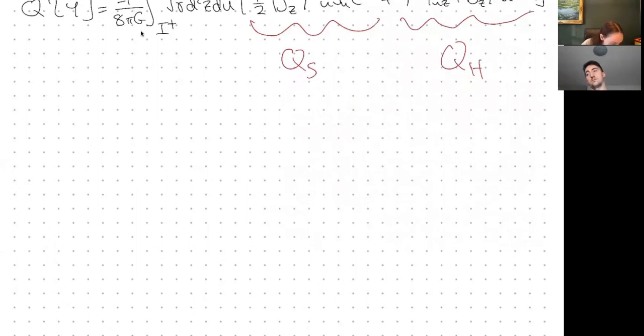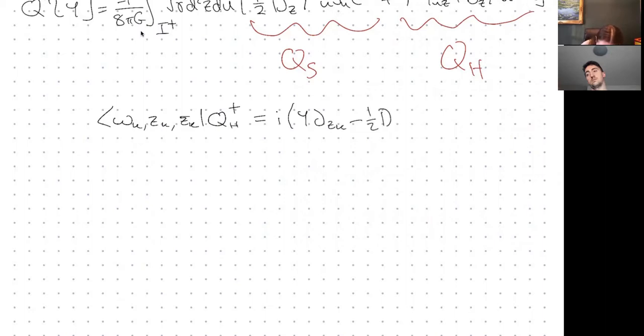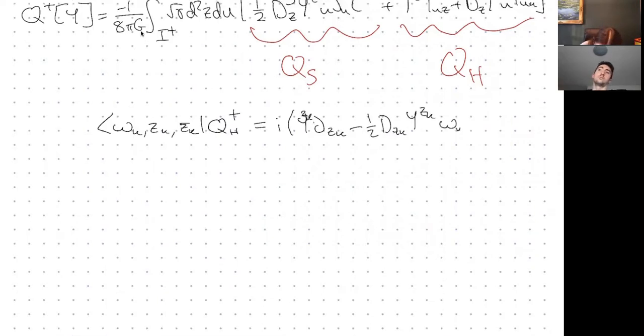So what I have is the following relation for the hard charge. My state is labeled by some energy and some momentum direction. It's position on the celestial sphere, but right now it's just momentum direction. Q hard plus is going to be I y, D_zk plus 1/2 D_zk, y_k, so C_k, omega_k, d omega_k.